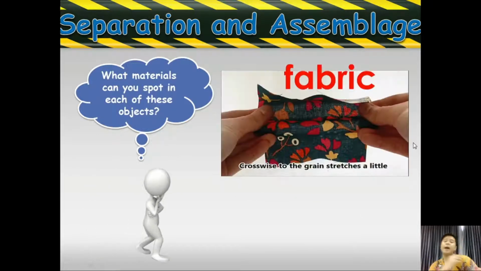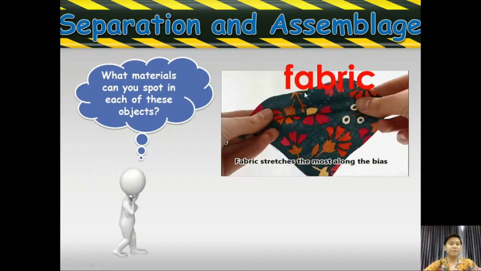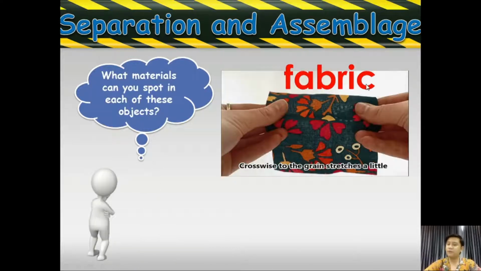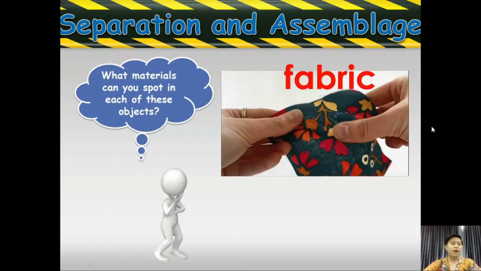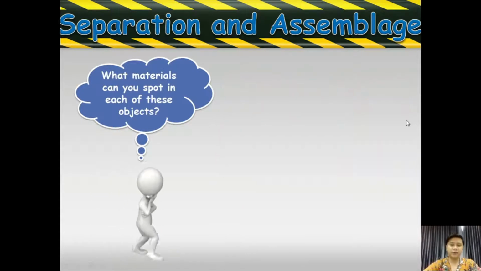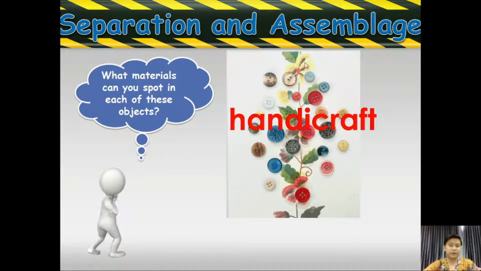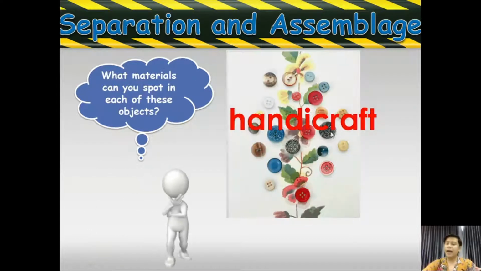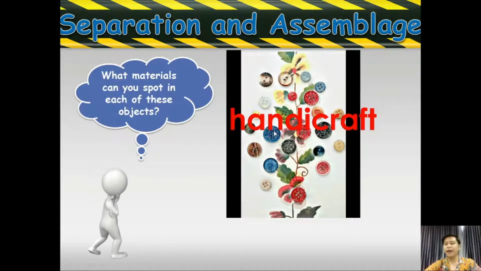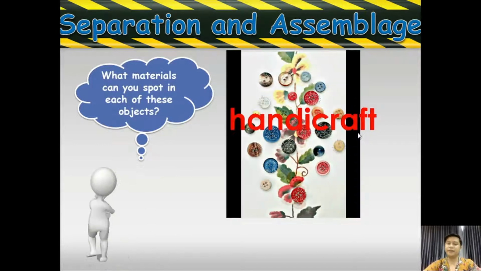And what else? Of course, we have the fabric. Can you spell fabric? F-A-B-R-I-C. Fabric. Okay. So, what are we going to do with these materials? You can use them for handicraft.